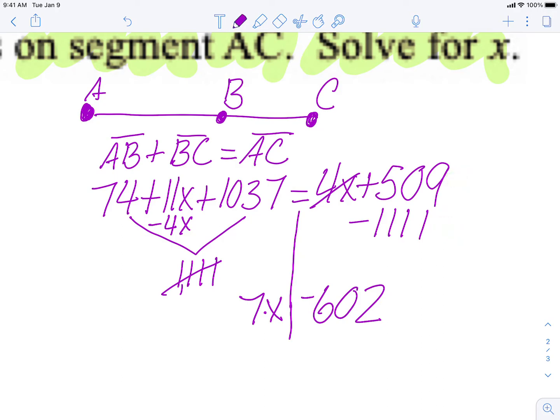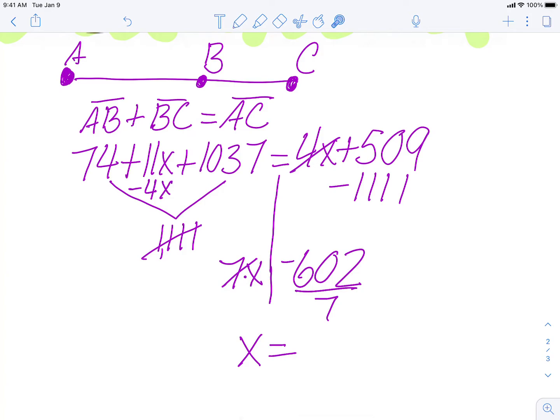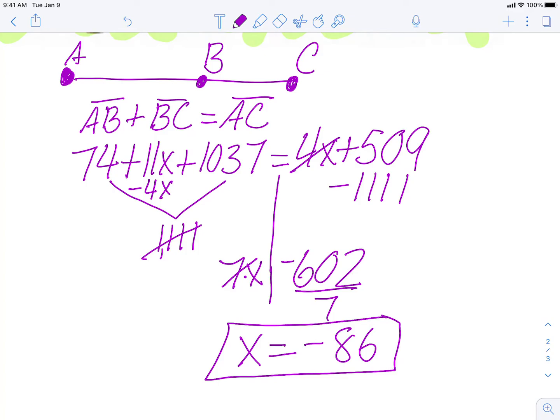So the opposite of multiplying is dividing by 7. So I get x is equal to a negative divided by a positive is a negative. And 602 with my calculator divided by 7 is equal to 86. And that right there, guys, is my solution right there.